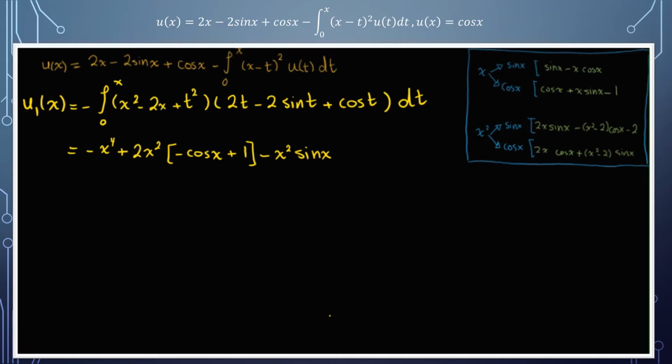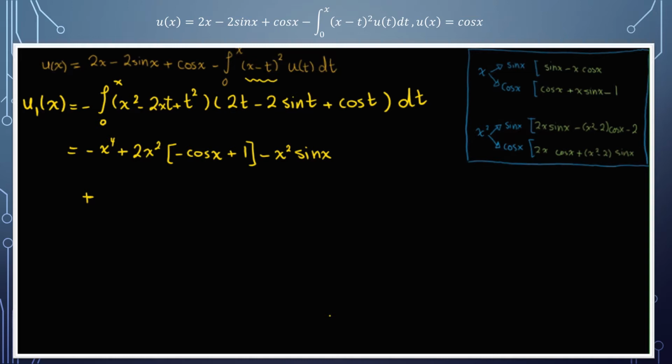It's minus 2x, but there is t, because our kernel here is x minus t raised to 2, so it's x squared minus 2xt plus t squared. So there is t here, it will affect the integrations. And we have here minus and minus, so it will be plus 2xt.